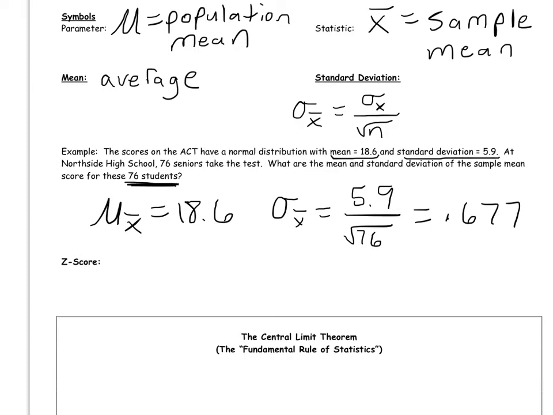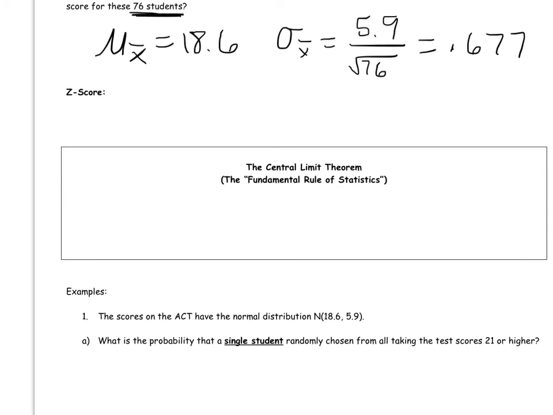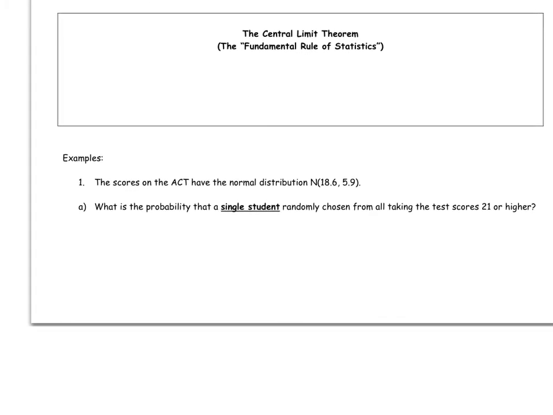Okay, so this brings us to the fundamental theorem of statistics, which is, how do we use the properties of a normal distribution when a distribution itself is not normal?